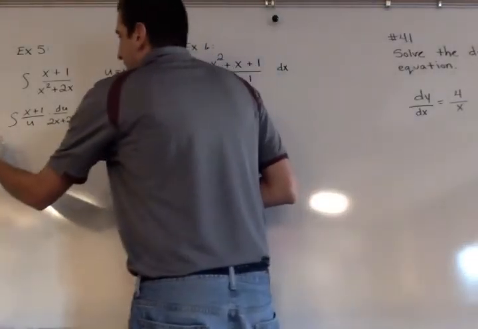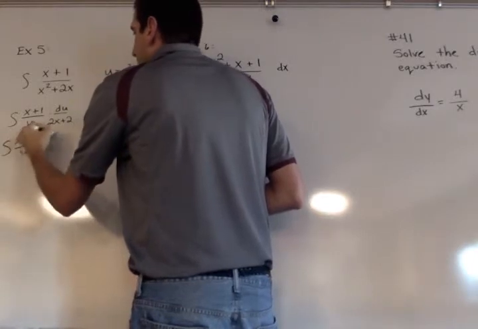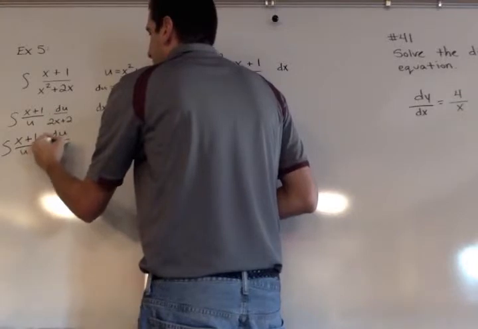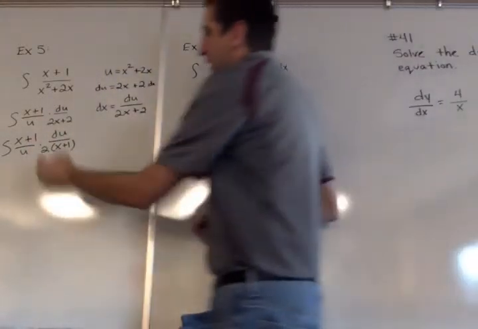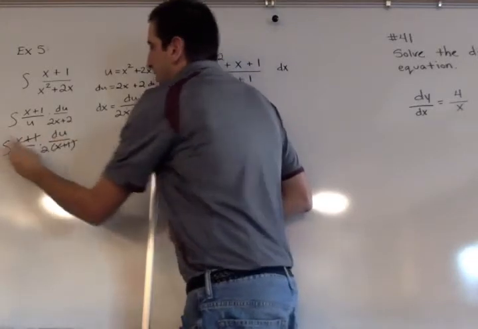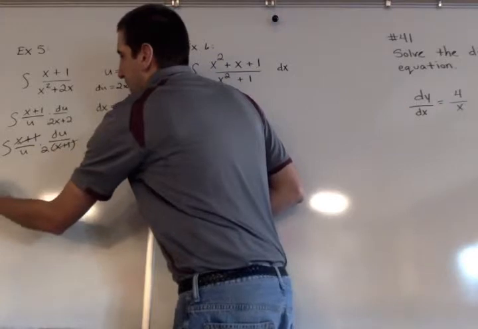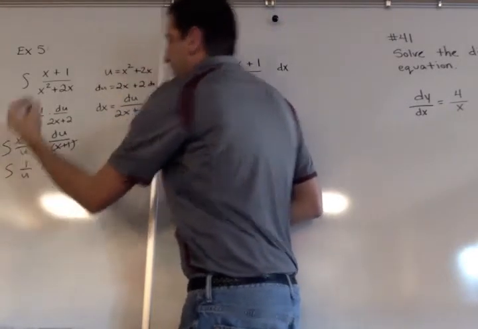So if I do that, I'd have the integral of x plus 1 over u times du over 2 times x plus 1. We're going to do 2 steps in one here. We're going to cancel out the x plus 1's and move a 1/2 out to the front. So I've got 1/2 times the integral of 1 over u du.